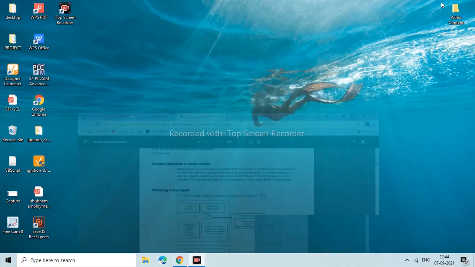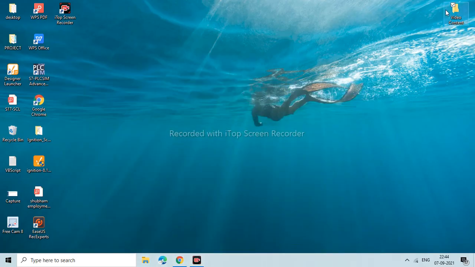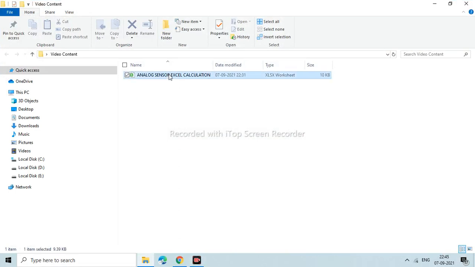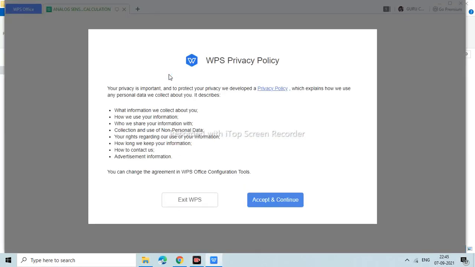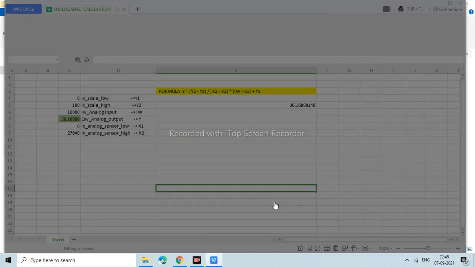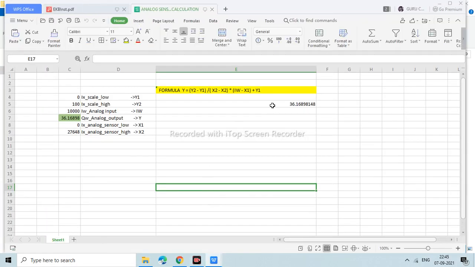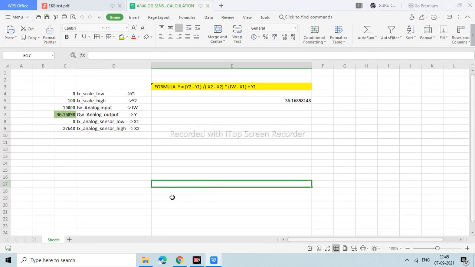I have created one Excel sheet to better understand the formula and how it is created. Let's take a look.